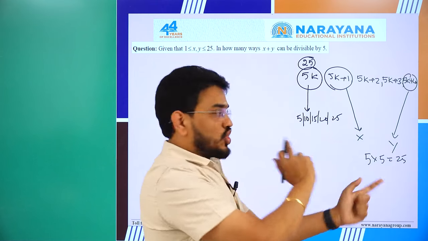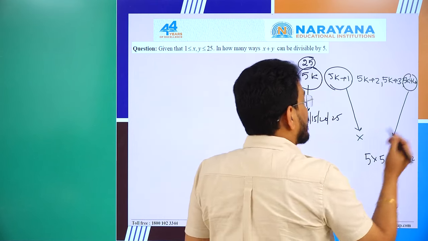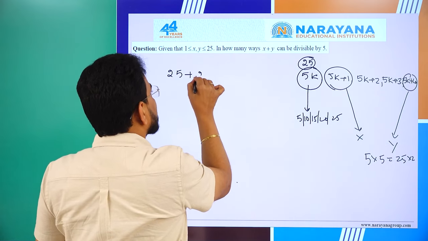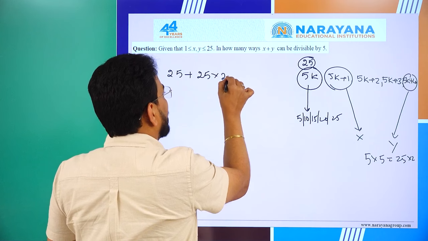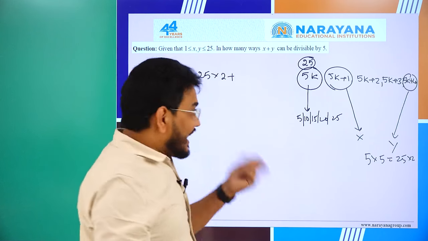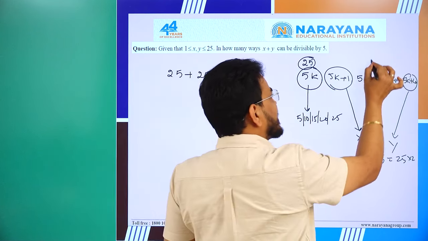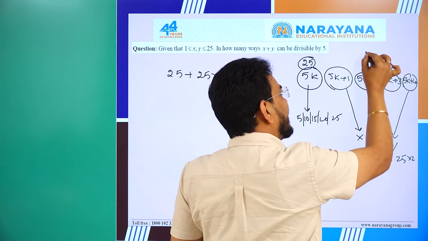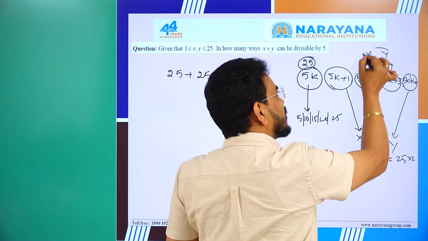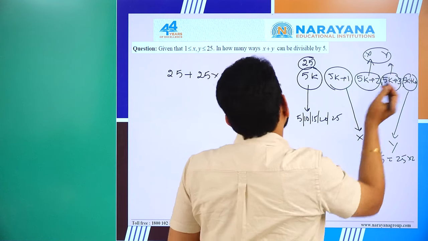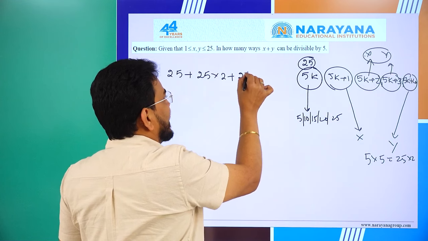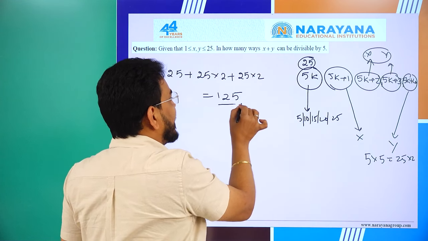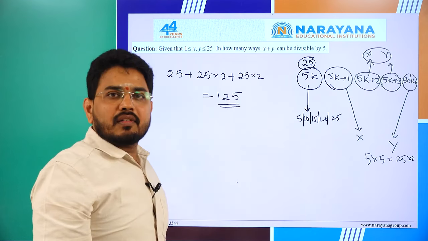They can interchange, so into 2, so 25 into 2. Now if x is from the 5k plus 2 group, y should be from 5k plus 3. Here also 5 into 5 with interchange, so it is 25 into 2. Total is 125 ways we can write it.